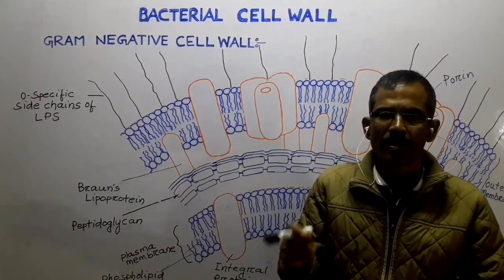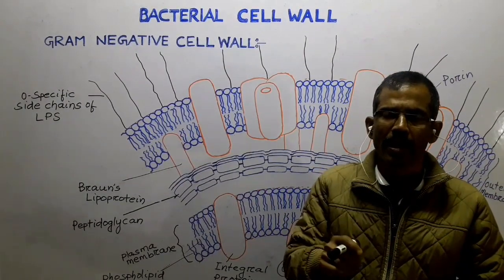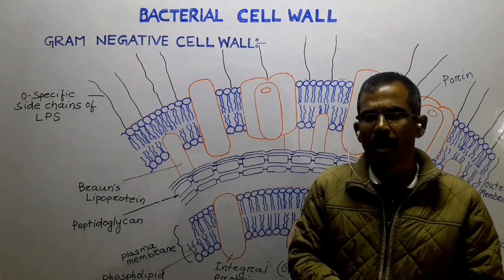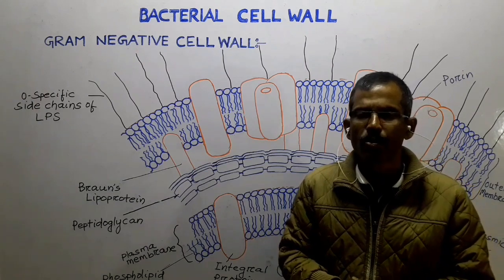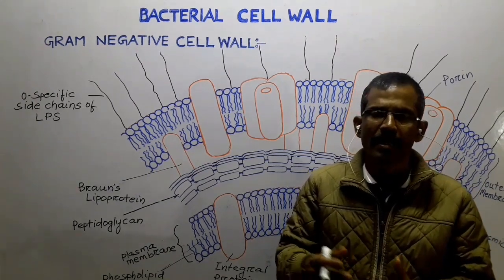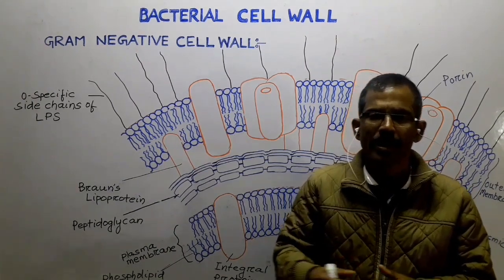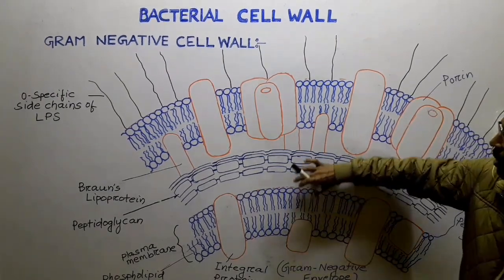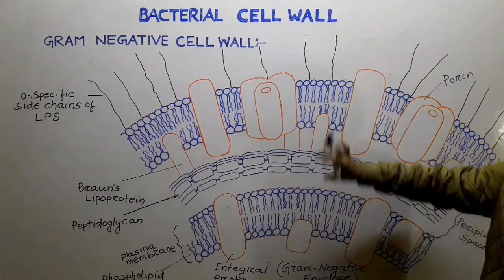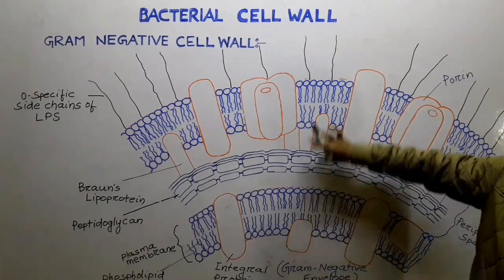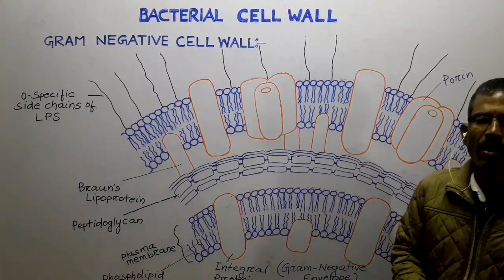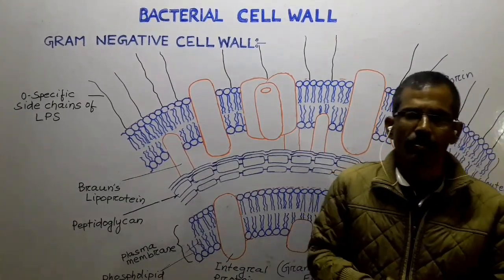Because of the thicker peptidoglycan layer, the cell wall of gram-positive bacteria is more resistant to osmotic pressure than that of gram-negative bacteria. All the structures from the plasma membrane outwards, including the plasma membrane, cell wall and capsule, if present, together are called the cell envelope.